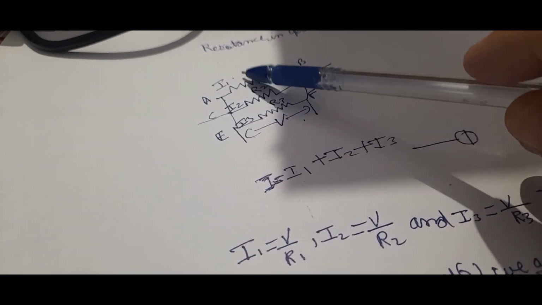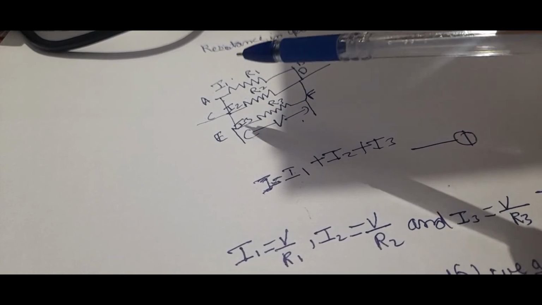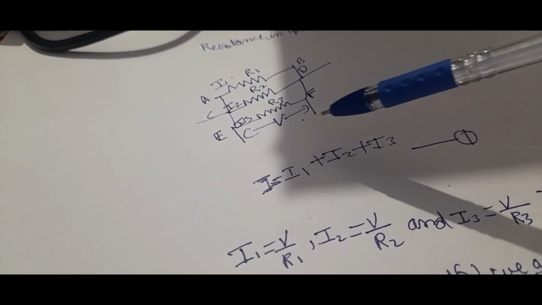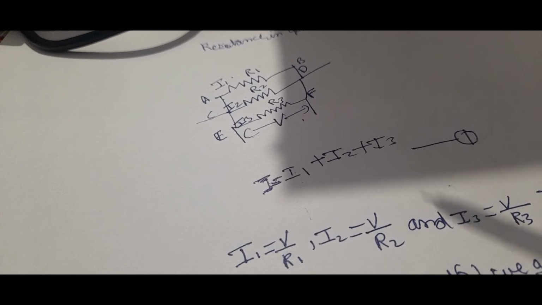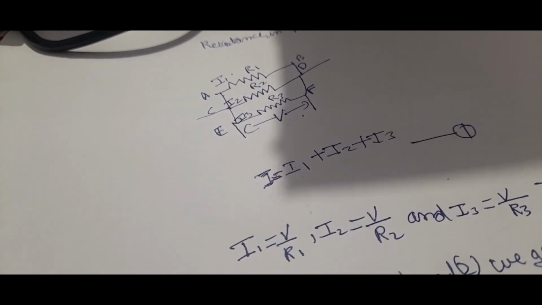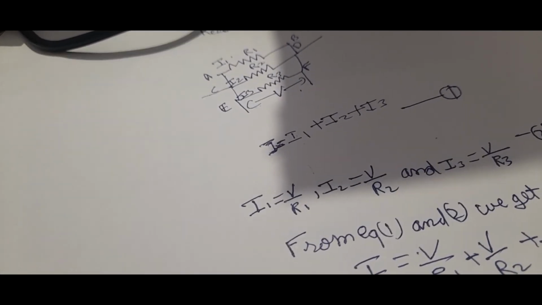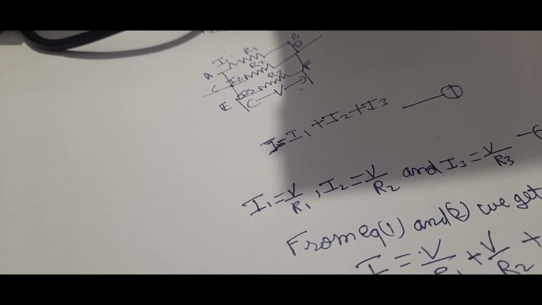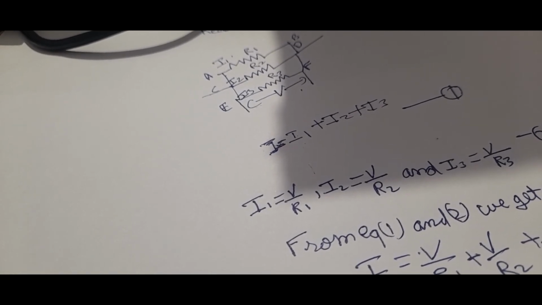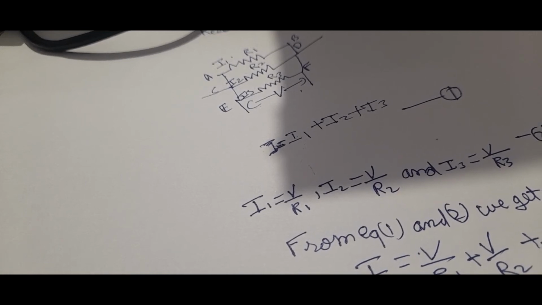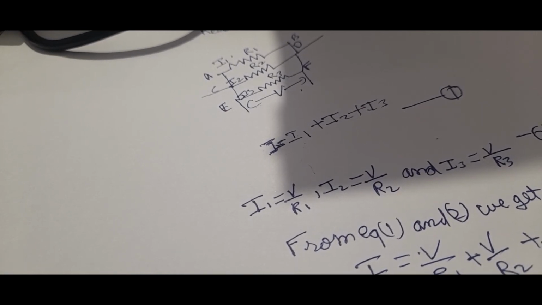So I1 plus I2 plus I3 will be the first equation. Now what will be the second equation? If V is the potential difference across each conductor, then I1 will be equal to V upon R1, and I2 will be V upon R2, and I3 will be V upon R3.